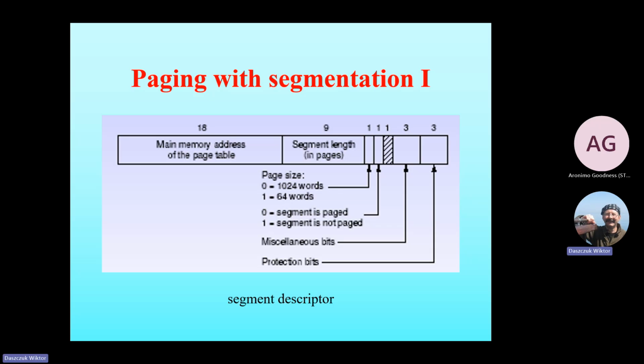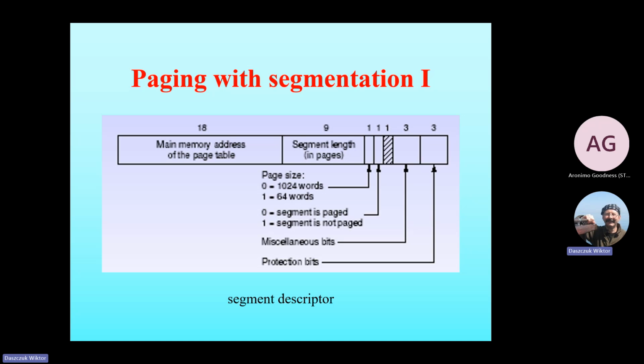This is an example of joining segmentation with paging. It is from the Multics system. The segment descriptor has some fields. The address of the page table, every segment has its own page index table.